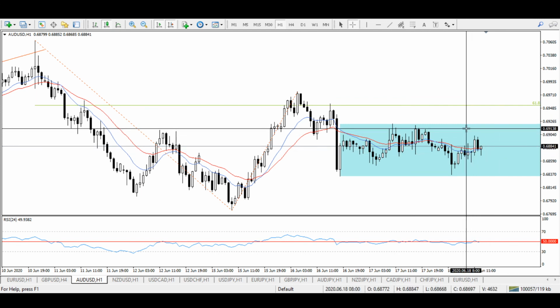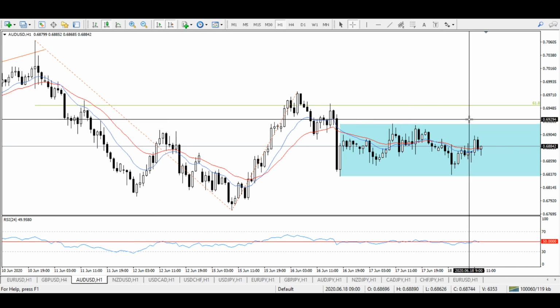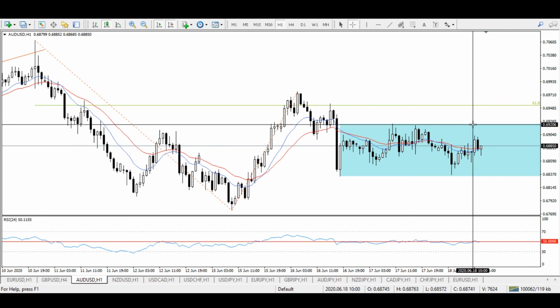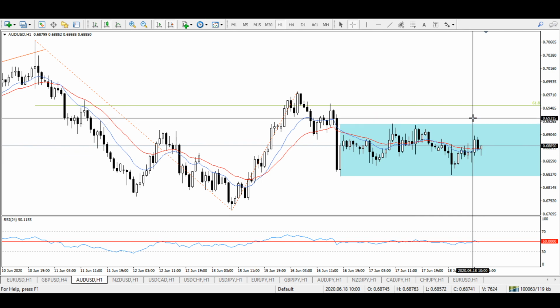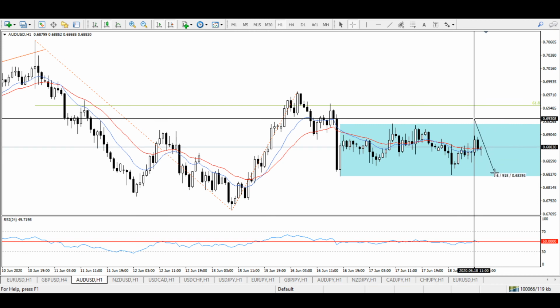If it breaks to the upside, we'll rather take a buy position instead of thinking of any further fall. So our style of entry to the upside, to the bullish side, will be the same. So our buy entry will be something around, let's say, 7-8 pips above this area. So 69.27, 69.28 will be our entry, and we will exit the trade in case the market falls and closes below this rectangle. So our stop loss will be again something around 100 pips, and take profit.